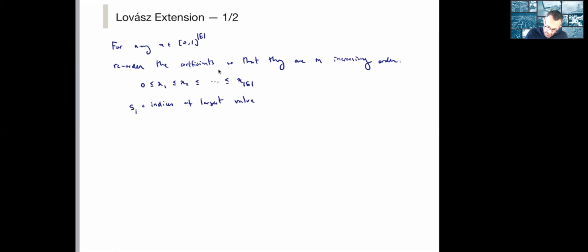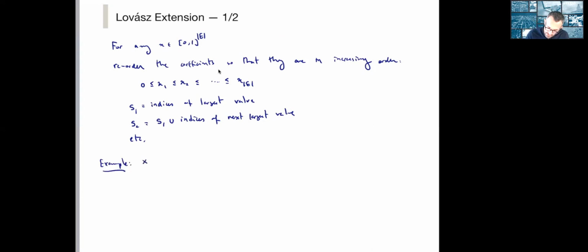And similarly, let S2 equal S1 and the indices of whatever the next largest value is, and so on. So let me give an example of this just to make things clear, and I think this will immediately show that we can do this in general.